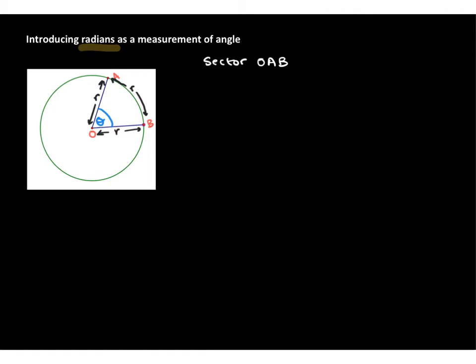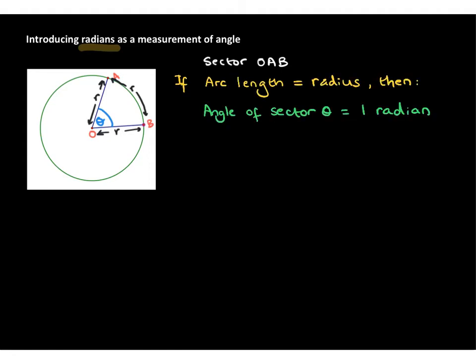It is the angle created when you construct a sector so that the arc length of the sector is the same as the radius of that sector. Now, we sometimes write 1 radian as 1c, and the c stands for circular measure, which basically tells you we're dealing with radians rather than degrees.